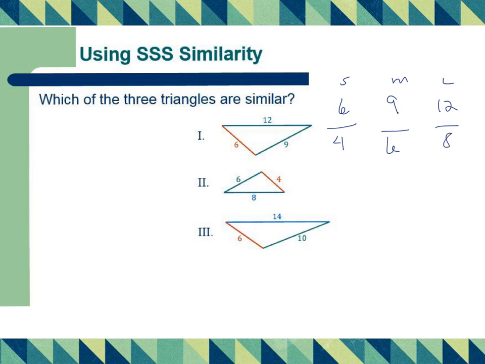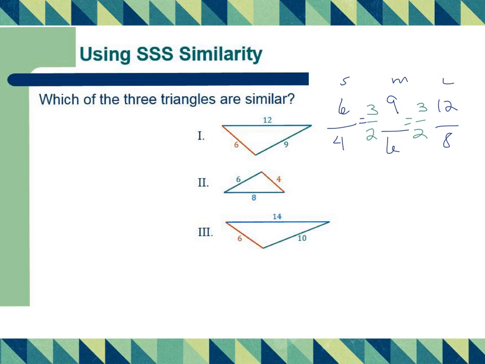So for these to be true, these all have to be the same ratio. So if I simplify this, 6/4 simplifies to 3 halves. 9/6, I could divide both of those by 3, simplifies to 3 halves. And 12/8, I could divide both of those by 3.